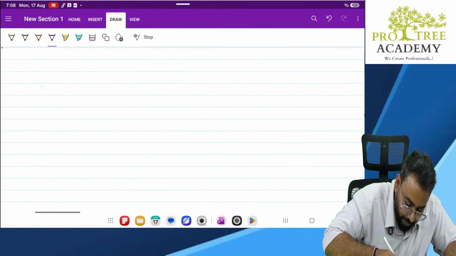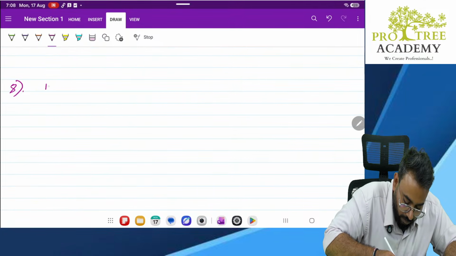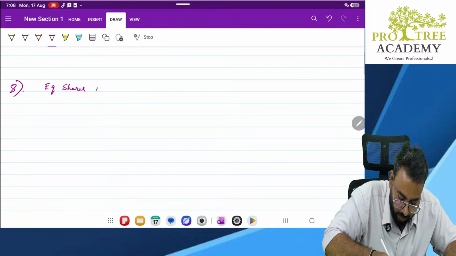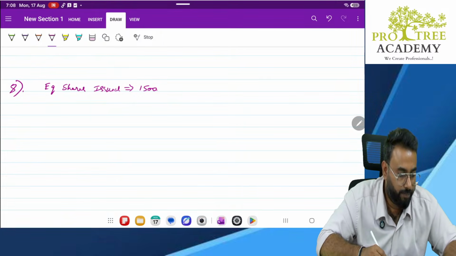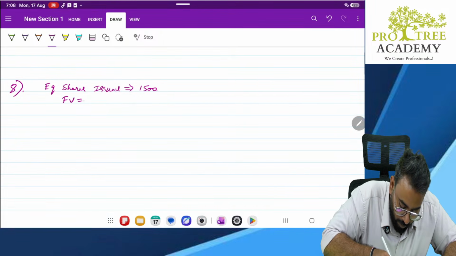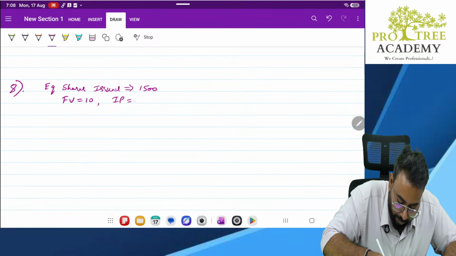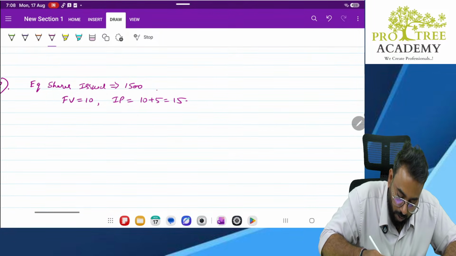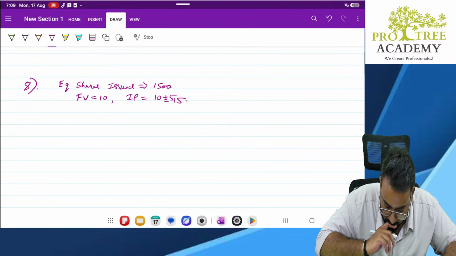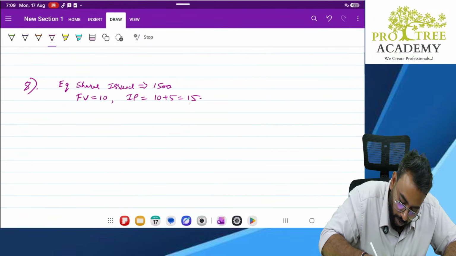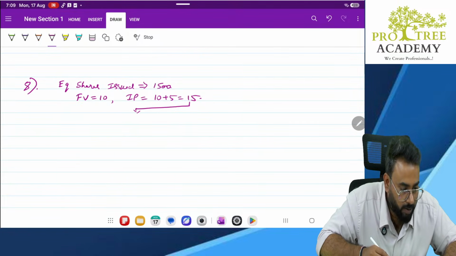How many equity shares? 1,500. Face value 10. Issue price 10 plus 5 is equal to 15. How is this issue price split, appa? Can you tell me?